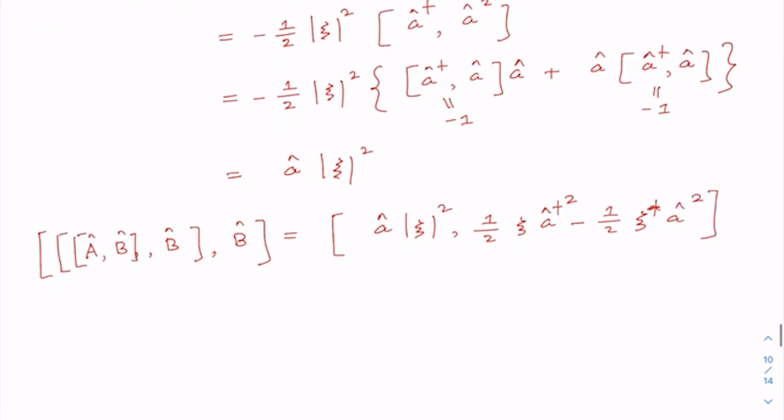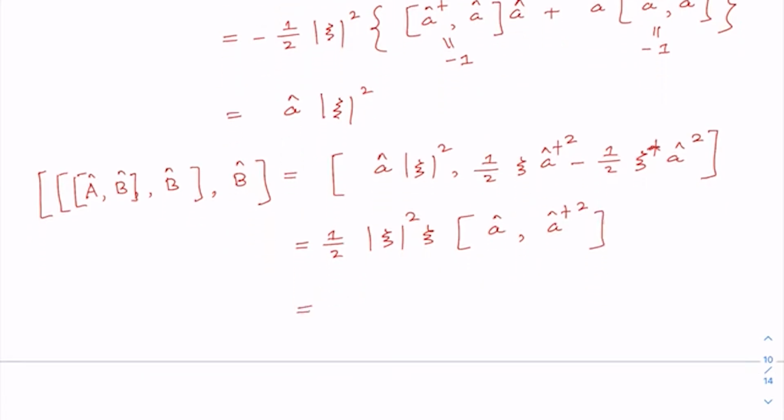Okay, so I will get here a half mod ξ square ξ a dagger square, and this will give me mod ξ square ξ a dagger.